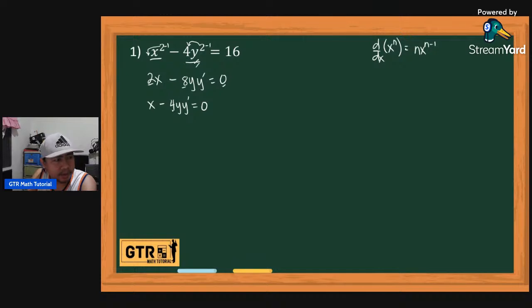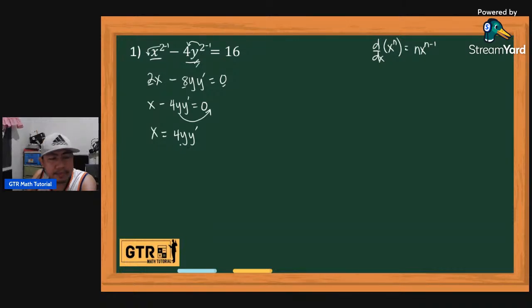So put negative 4y y prime to the other side, since this is negative, so that this will become positive. Or if you want, you can transpose x to the other side so it will become negative, and then divide by -1 or multiply by -1 to make it positive. So we have x equals 4y y prime.